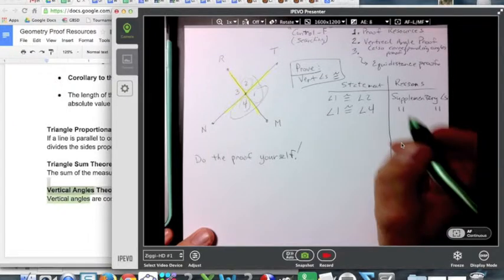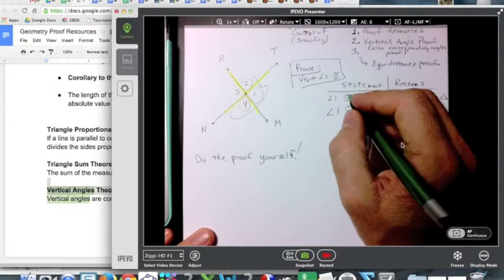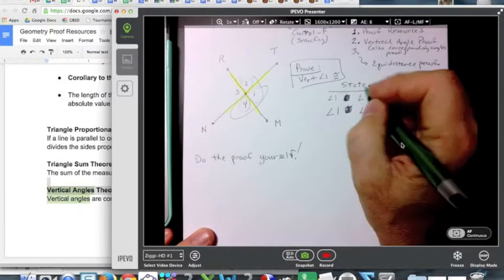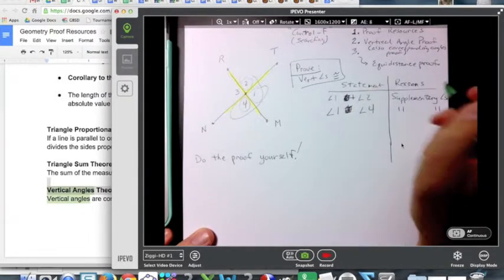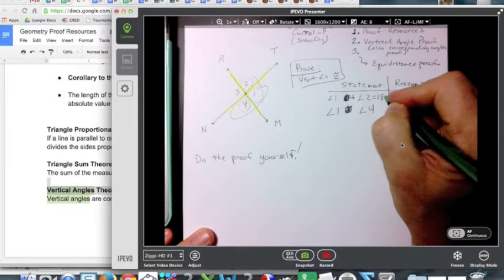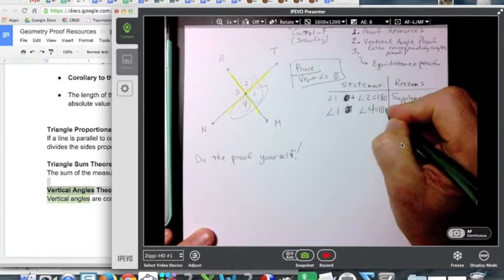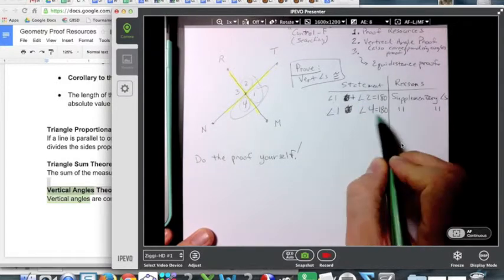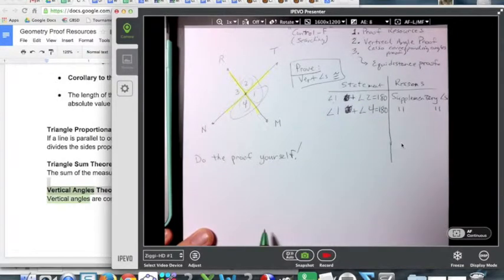I said congruent, but what I meant to say here, I'm getting crossed up, is that those added together equal 180 degrees. So angle 1 and angle 2 equals 180, and angle 1 and angle 4 equals 180. See, even teachers can have little brain shorts.